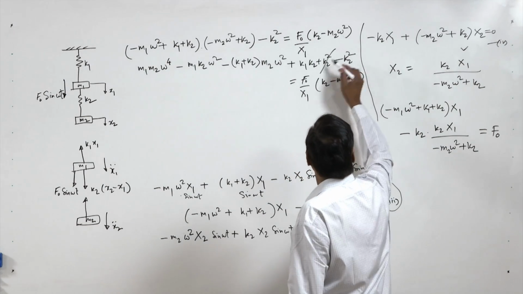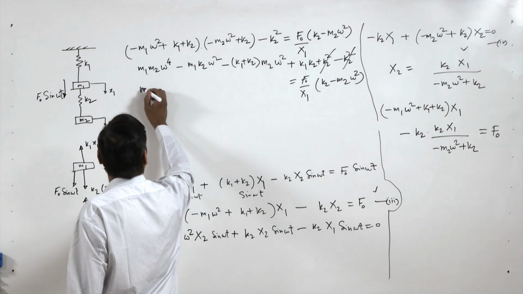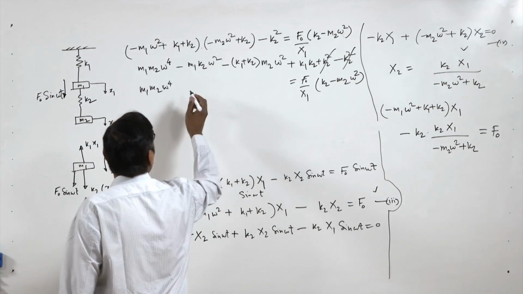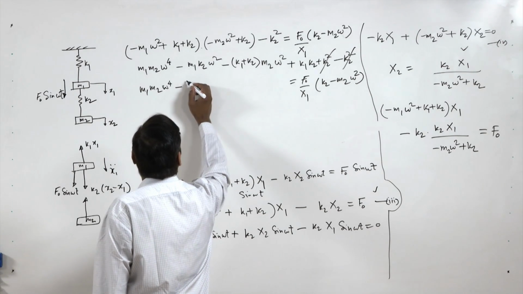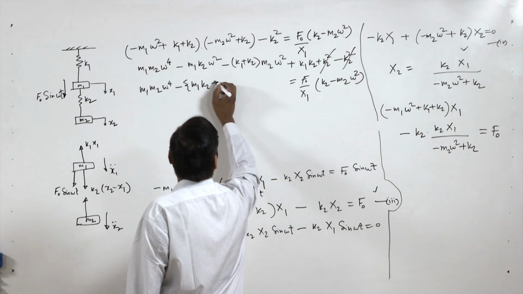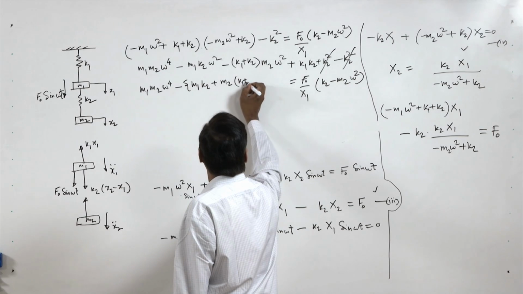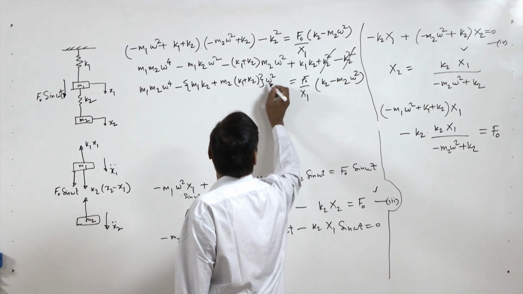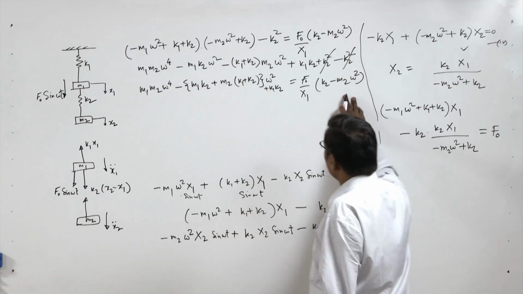Now this k2 square will cancel out, and we can rewrite this term: m1 m2 omega power 4 minus (m1 k2 plus m2 (k1 plus k2)) omega square plus k1 k2. That is equal to this term.